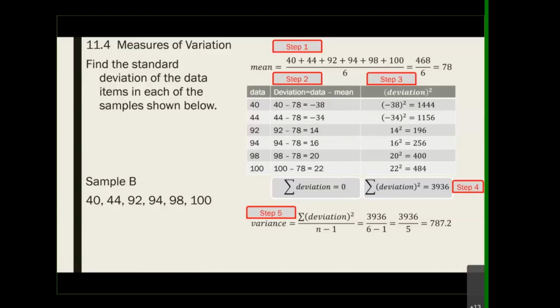And again, to finish our answer, what do we need to do? To finish our answer, we need to take this variance and we need to square root it, right? We need to take this variance and square root, which is 28.06. Depending on your class, how many decimal places they want. I think most of them want 2 decimal places.